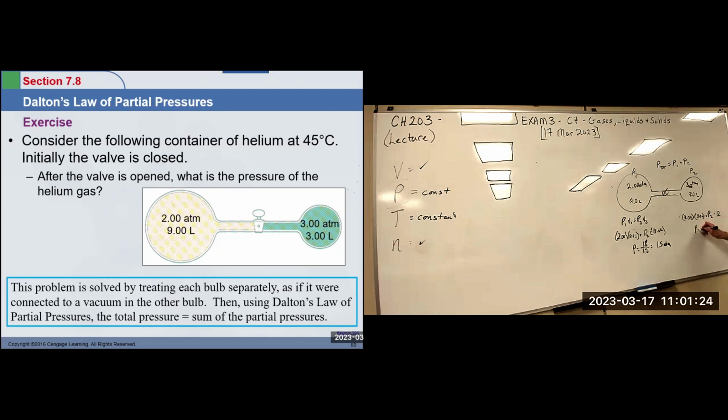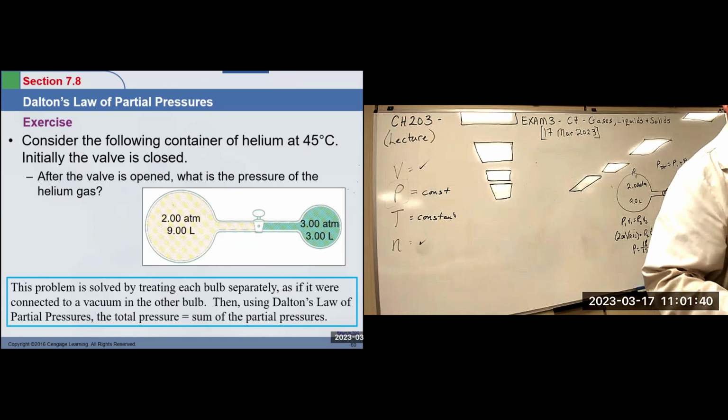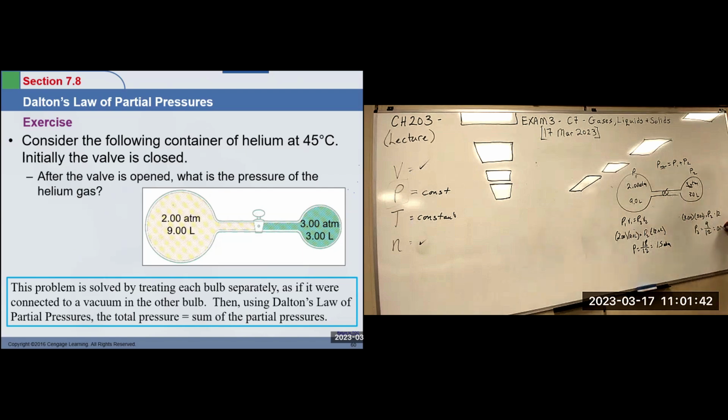So P2 equals 9 divided by 12, which is 0.75. Now the total is 1.5 plus 0.75, which is 2.25.